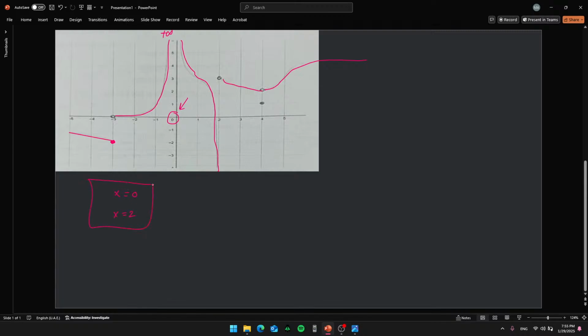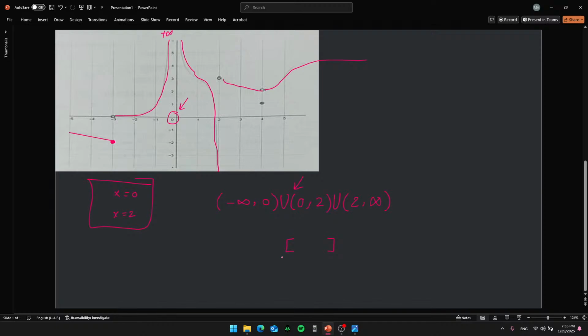So I only have 2 points where the function is not defined, so I'm going to exclude them from the domain. In interval notation: negative infinity to 0, union 0 to 2, union 2 to infinity. Notice that I use parentheses, not brackets.